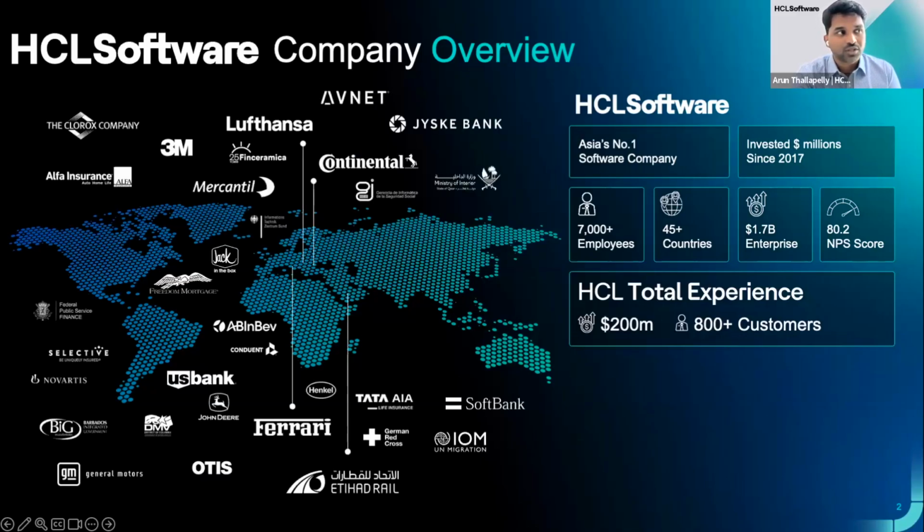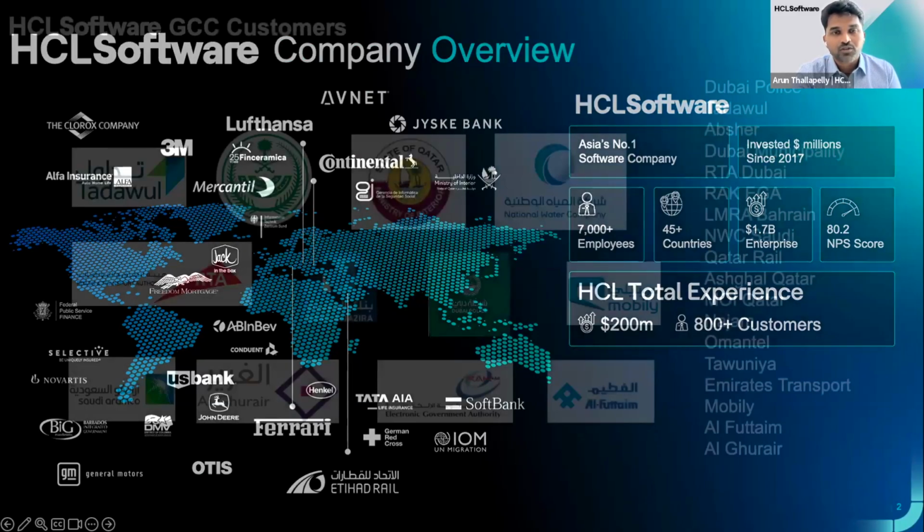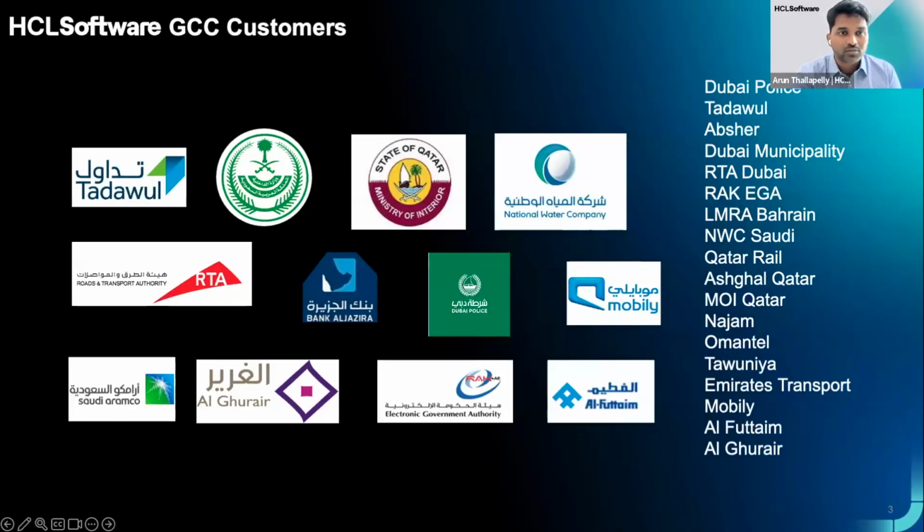That's a really important statement, just because of the way that we've been building software capabilities within HCL Software. It's meant to make sure that there's great profitability. Within the footprint of GCC, we have a great customer portfolio, all the way from Dubai government, such as Dubai Police, Dubai Municipality, and RTA, and again into Saudi and then Qatar.